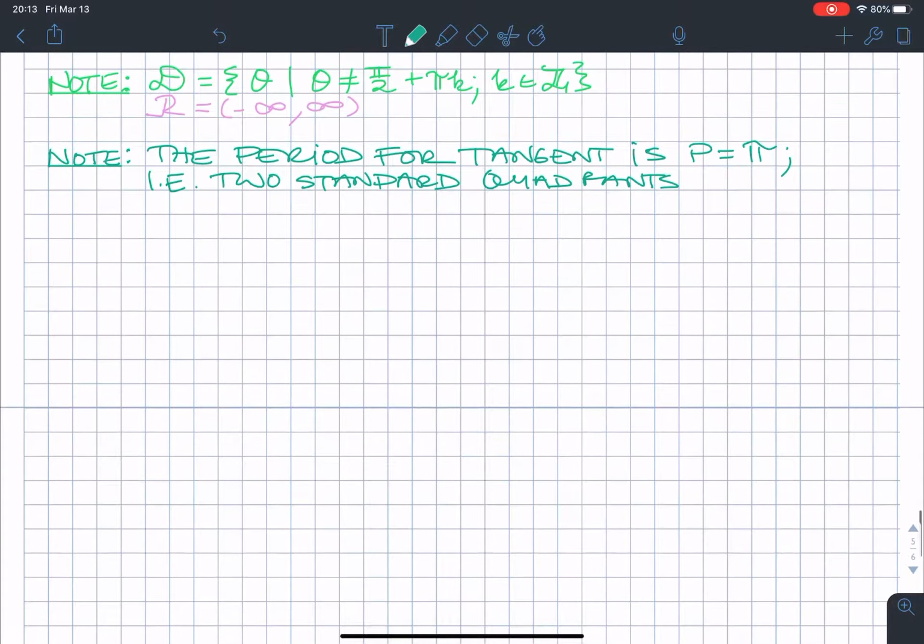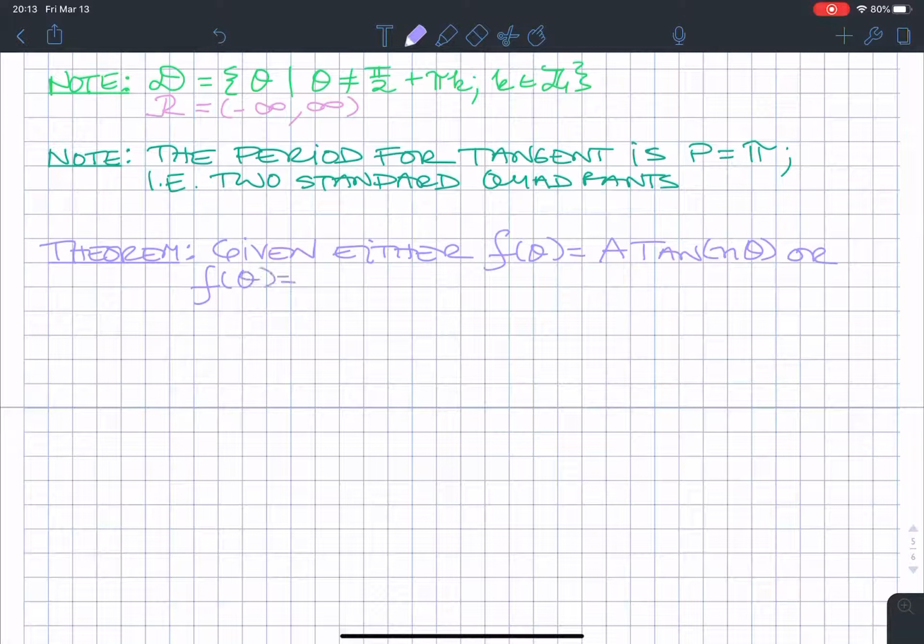Okay, so theorem. Given either f of theta is equal to a tangent of n theta, or f of theta is equal to a cotangent of n theta, and we'll show this in the next video, we have that the absolute value of a is the amplitude, remember.